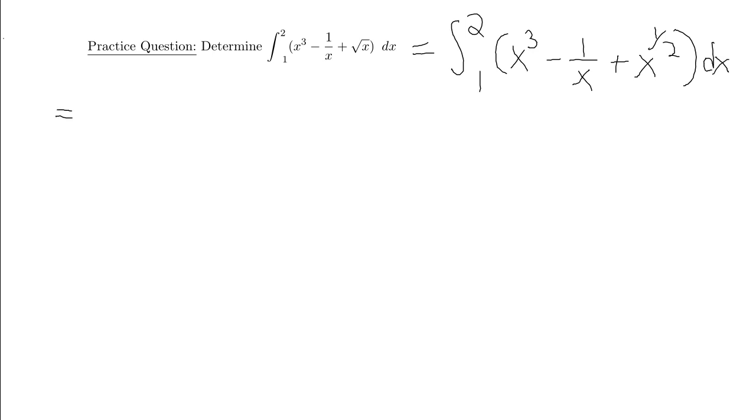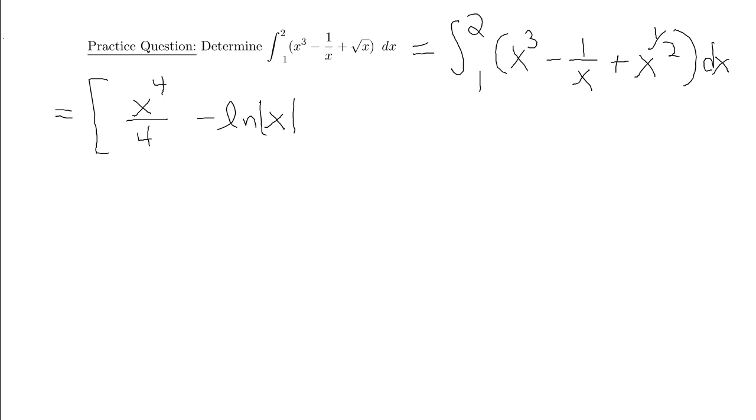Okay, so we've rewritten this. Now our first step is to find our antiderivative, and we want to put it into a nice square box. So for x cubed, our antiderivative, we increase the power by 1, so it's x to the power 4, and then we divide by that same power, so divided by 4. For the minus 1 over x, we know that ln of x is going to have that derivative of 1 over x. We can put the absolute value of x, but notice we don't actually need the absolute value here because our bounds are going between 1 and 2.